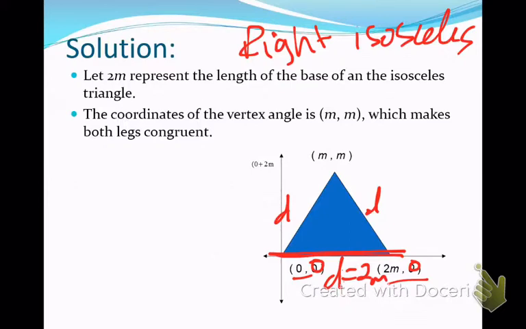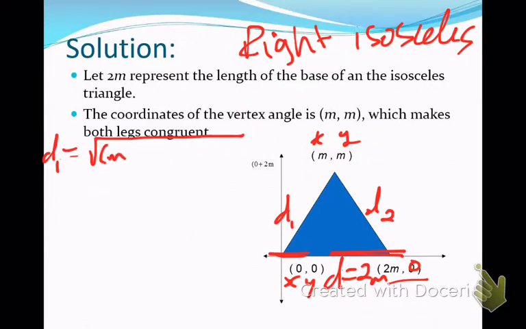Okay? Now, we need the other two distances to see if we have two congruent sides. So I'm going to do D1 and D2. Now, D1 is the square root of, and now we're going to subtract the x's, y, and x, y.